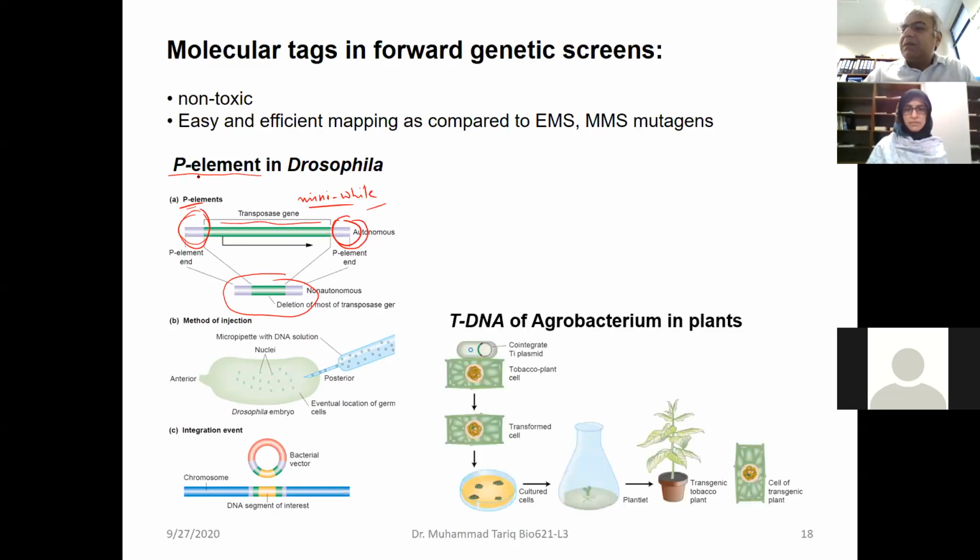In Arabidopsis, people have used EMS and MMS, and it will be unfair, I will not do justice with functional genomics and genetics if I don't talk about plants.